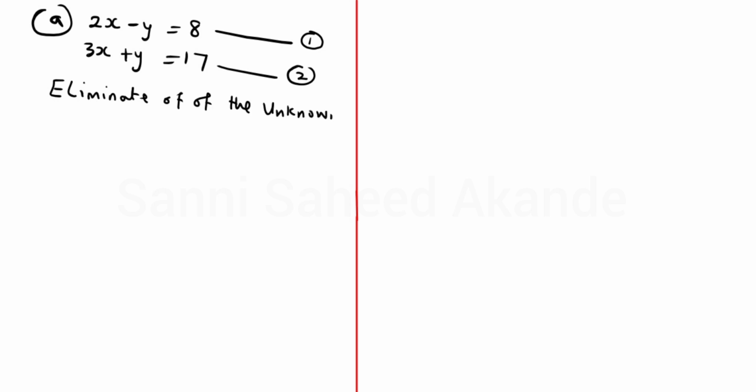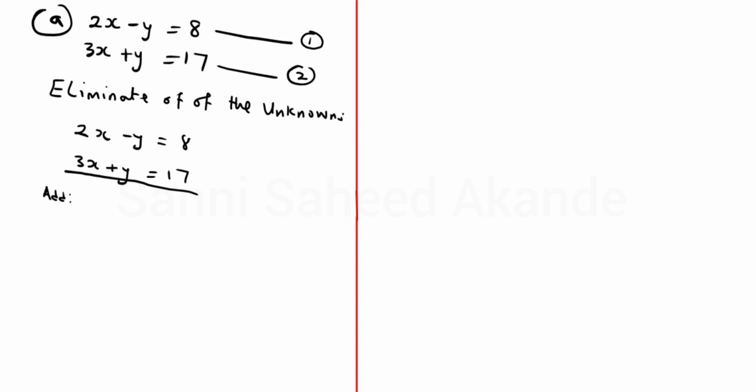Okay, so by doing that, I will just rewrite these two equations. 2x minus y equal to 8, and then we have 3x plus y equal to 17. Now, for me to eliminate y, I will just add these two equations together.